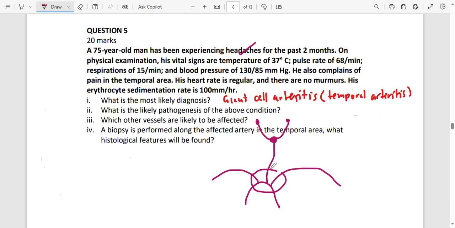Yes, the arch of the aorta and its branches. Since, as we said earlier, this condition is a problem of large and medium-sized arteries, the arch of the aorta itself and its branches can be affected.